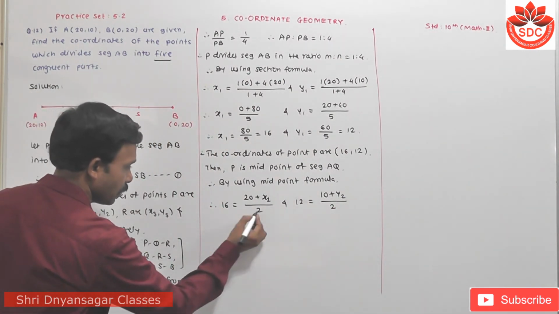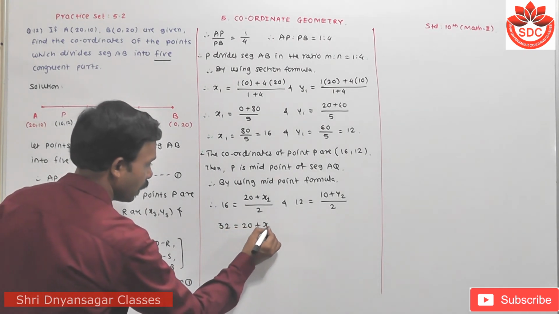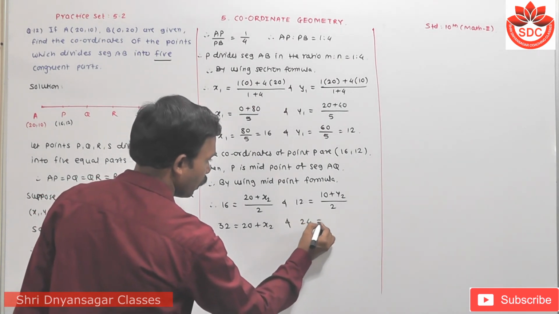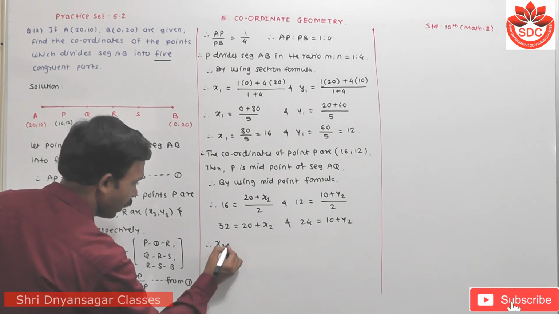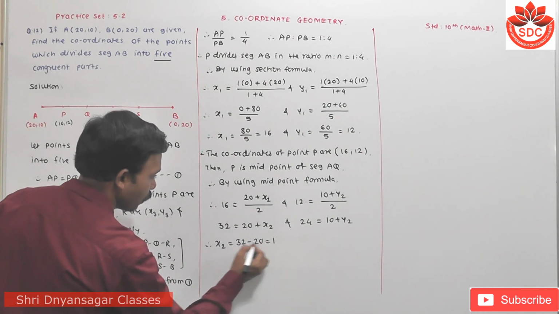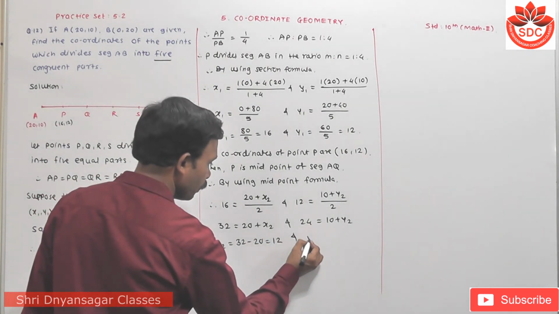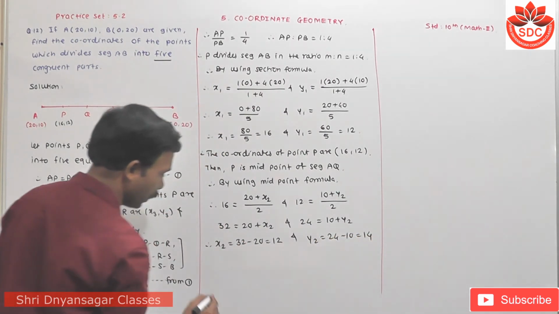Therefore, 16 into 2 is 32, equal to 20 plus x2, and 12 into 2 is 24, equal to 10 plus y2. Therefore, student, I directly write x2 is equal to 32 minus 20, which is 12, and y2 is equal to 24 minus 10, which is 14.